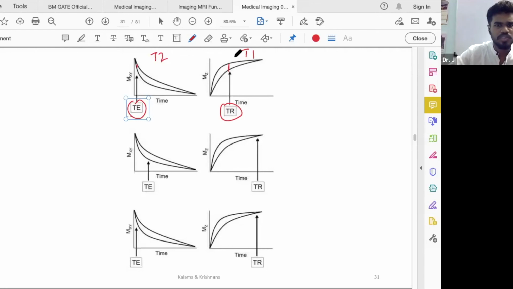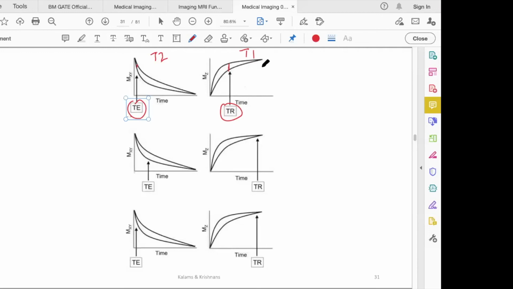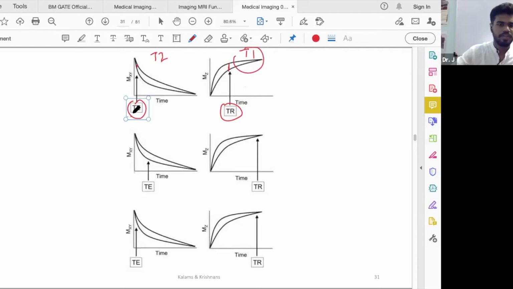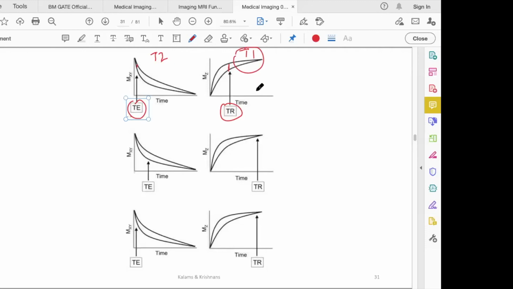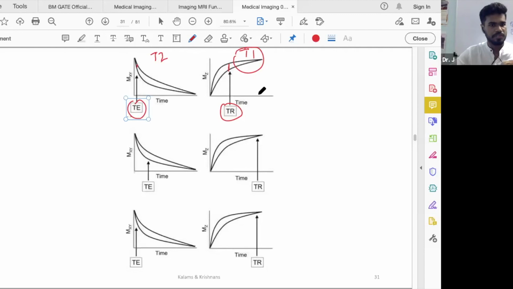Which of these two signal differences will be highly reflected? Which of these differences will really show up? T1. So for this combination, very short TE, intermediate TR, T1 will show up. The differences in tissue T1 relaxations, that difference will show up, and this is known as a T1 weighted image.